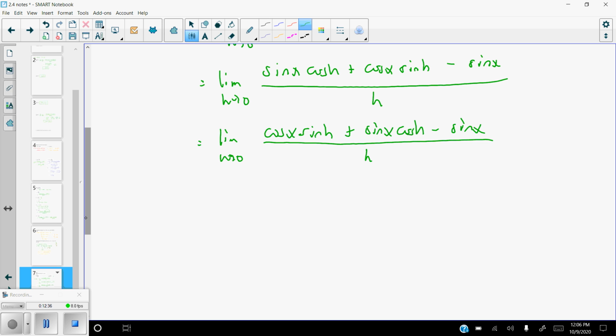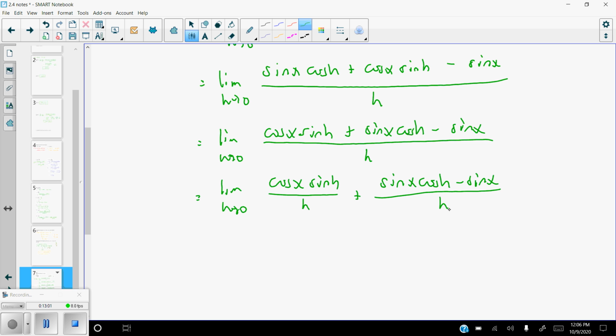Okay, so now what I'm going to do is split my limit over top of the h's. So specifically, I'm going to split cosine of x sine of h over h, and then I'm going to split the whole rest of it over the h. We're allowed to do that because we are just splitting something over a common denominator. Now notice that the limit is as h approaches 0, so the cosine of x part has nothing to do with the limit.